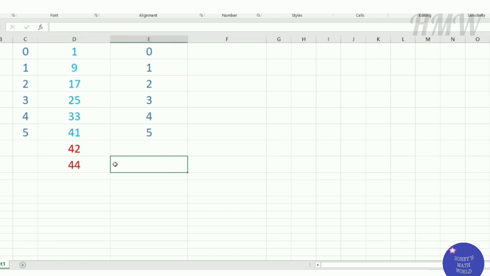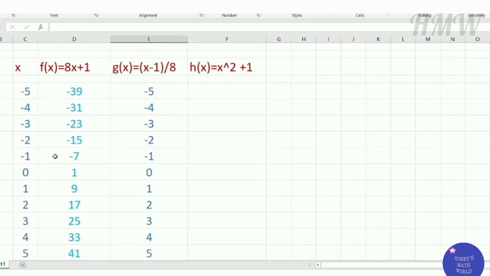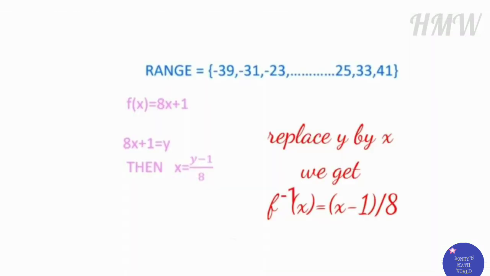So to find the original number, the range should be equal to the codomain. That means only elements in the range can be related back to the original number. That means range is equal to the codomain. The original function f of x is 8x plus 1. Put 8x plus 1 as y.